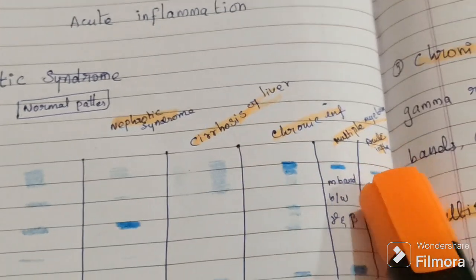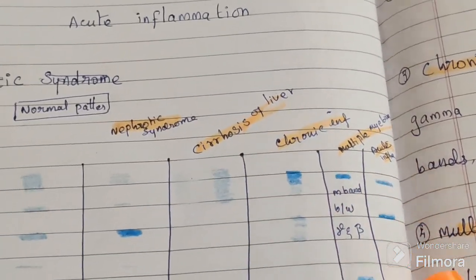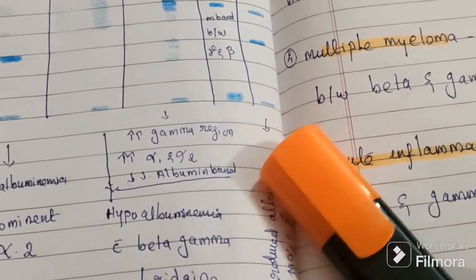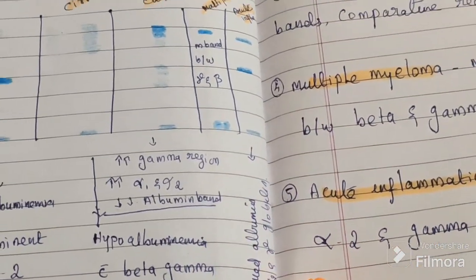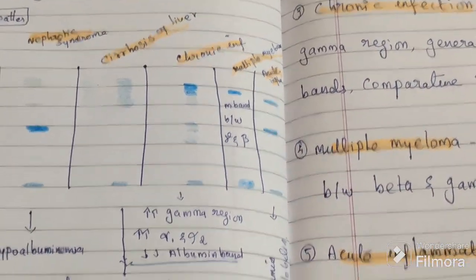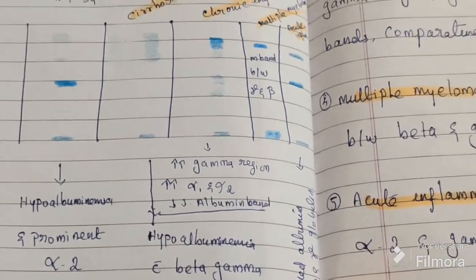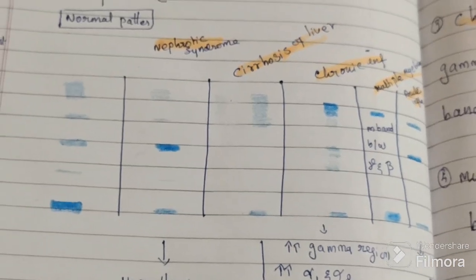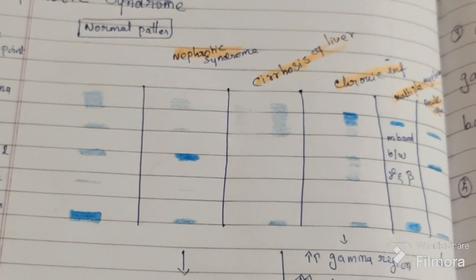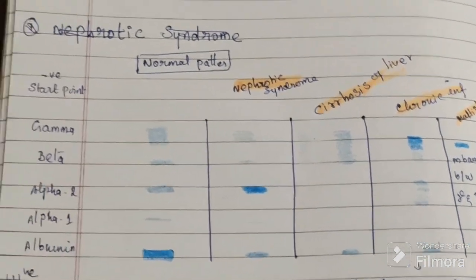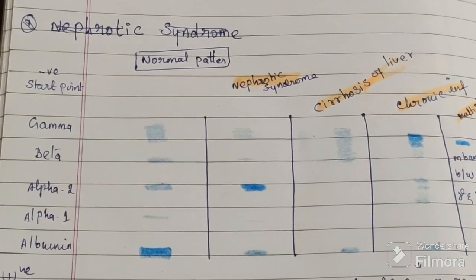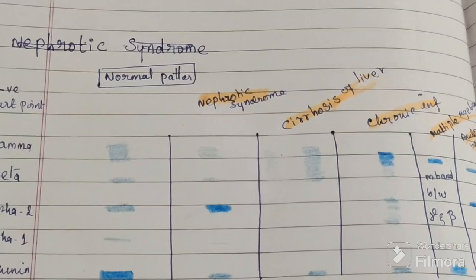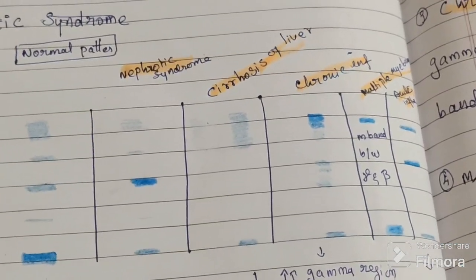This band formation is called the M band. Again, electrophoresis separates the sample from the starting point into 5 different bands: gamma, beta, alpha 2, alpha 1 and albumin.